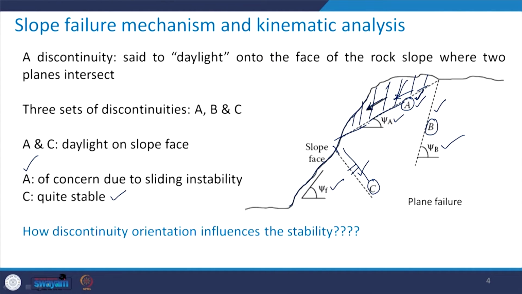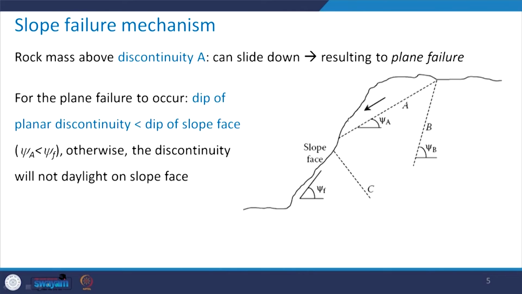This kind of failure, where the rock mass above the discontinuity has the tendency to slide along that discontinuity, is called plane failure or planar failure of the slope. Take a look here once again. As I mentioned, the rock mass above this discontinuity can slide down in the direction of this arrow, and that would result in plane failure.